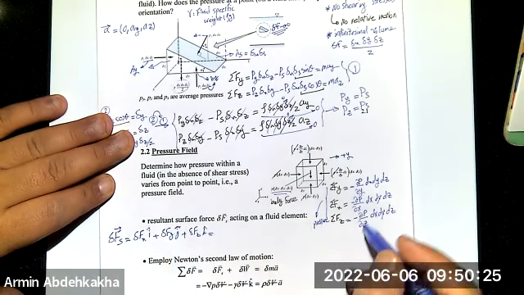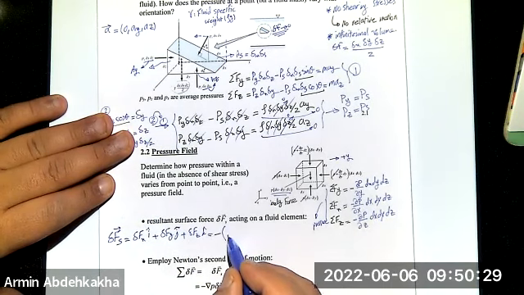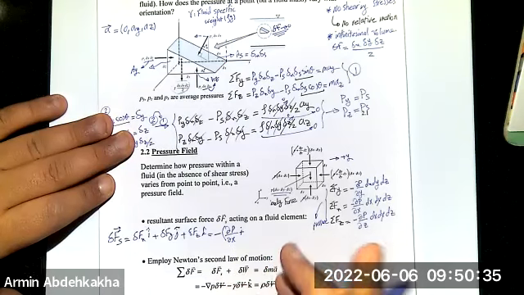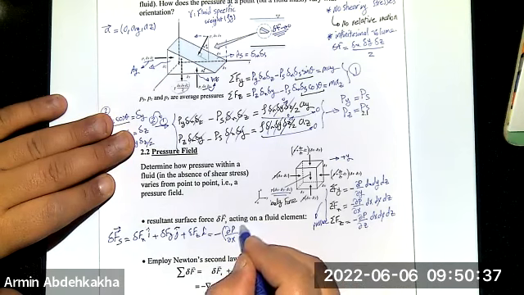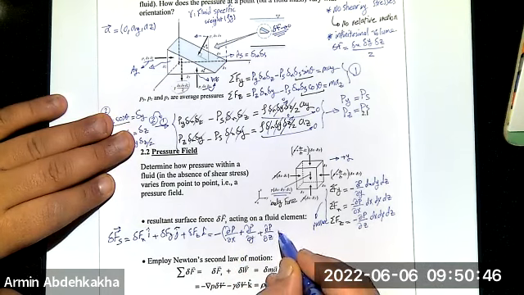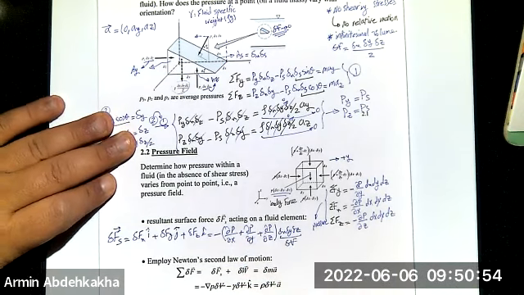So I brought the negative here from all terms, x, I, plus y, J, plus z, K, of delta x, delta y, delta z. I can write that this is delta V, the volume, right?